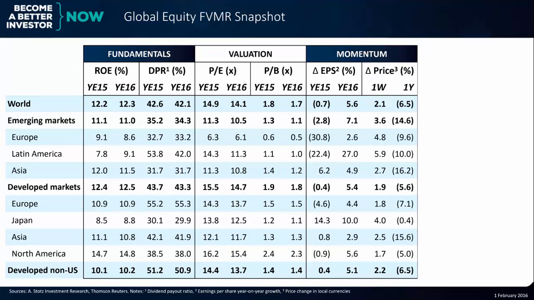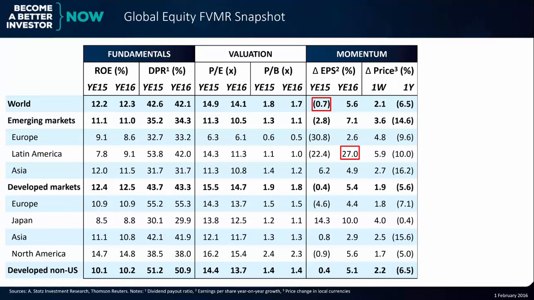Now let's look at the next measure, which is momentum. Now we look at both earnings momentum and price momentum. Earnings momentum, we're looking at 2015 and expectations for 2016, which is coming from consensus. Then we look at price short-term, 1 week, and price long-term, 1 year performance. We can see here that the world EPS growth in 2015 was slightly under 0 at 0.7.